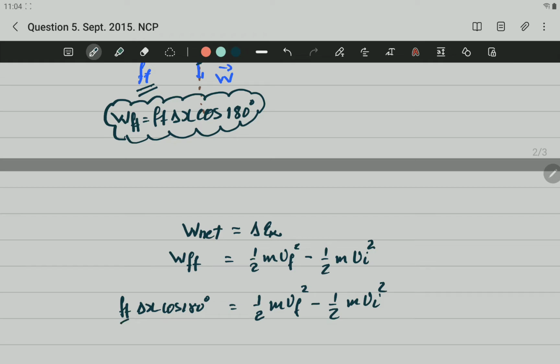And this is the way that we can use to calculate the frictional force. Let's then substitute everything that we have here.